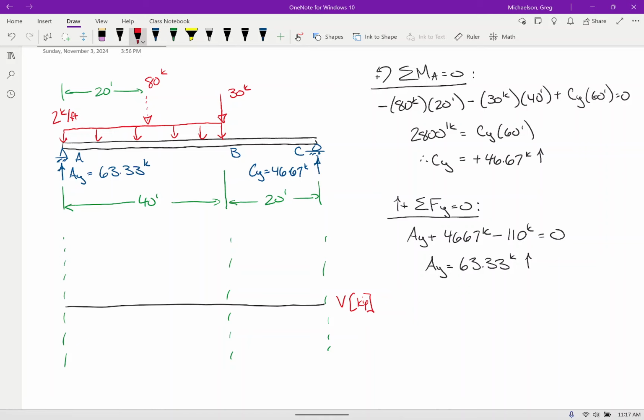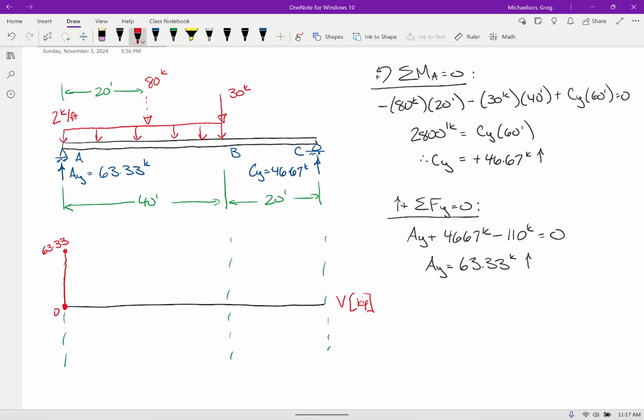So we start at 0, then what do we do? Go up 63.33. Now here's something that can help. How far down do we go from here to here? 80. We're going to have a jump here, but we go down 80.